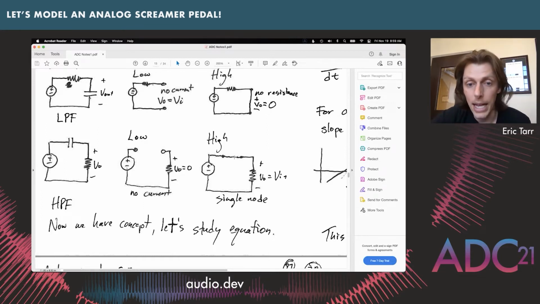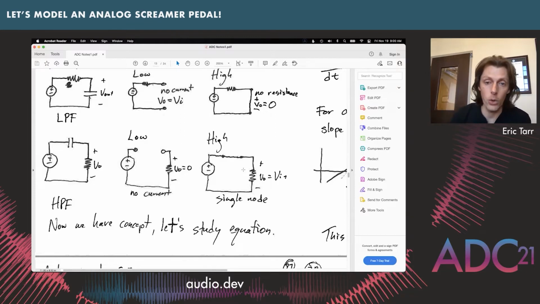And then for the high frequencies, there's a short circuit, so the voltage at our output is equal to the voltage at our input. So this will pass the high frequencies to our output voltage from our input voltage. So this is how a capacitor ends up creating these different kinds of filters.